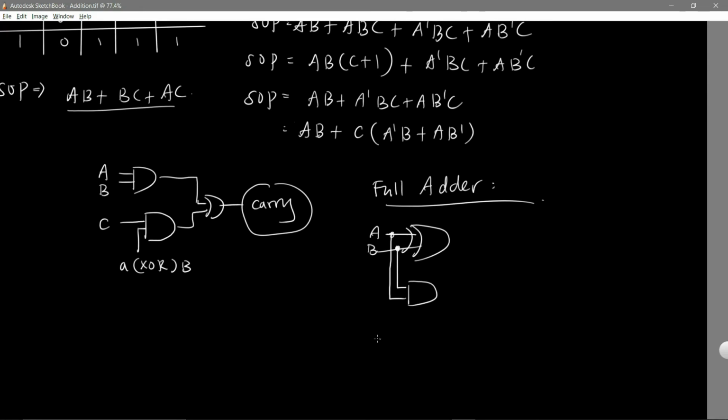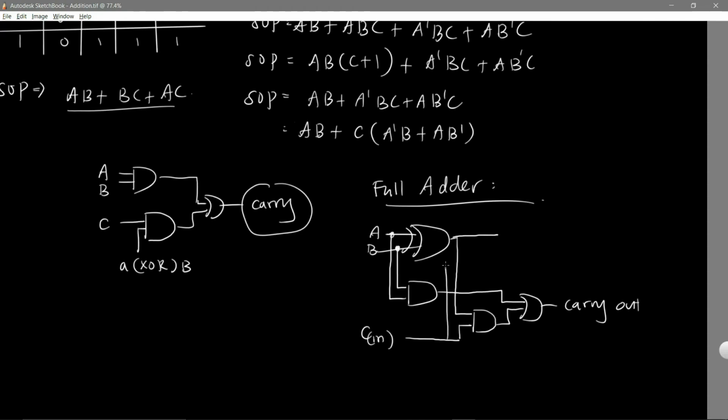Add the A and B, C in, and you want an AND gate here, which takes this output here, and then you want an OR gate here, and this forms the carry out. Alright, and this together with this expression here, the C here, goes through another exclusive OR gate and it becomes the sum, right?